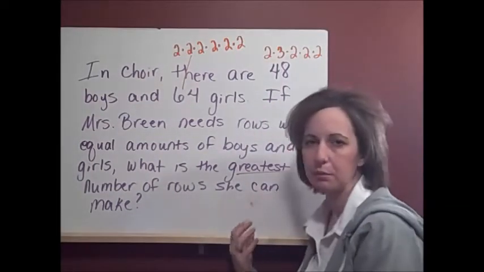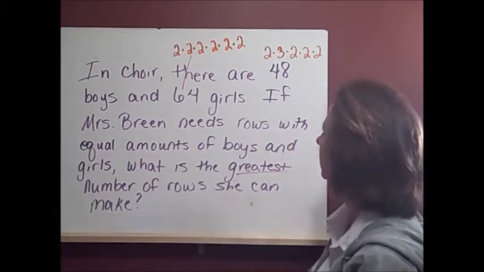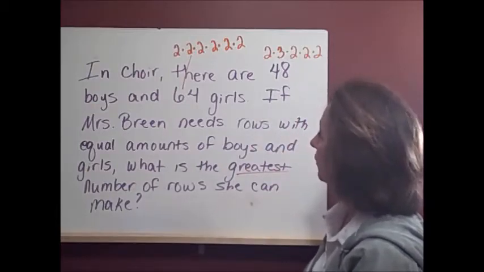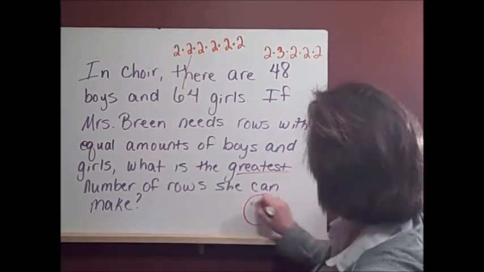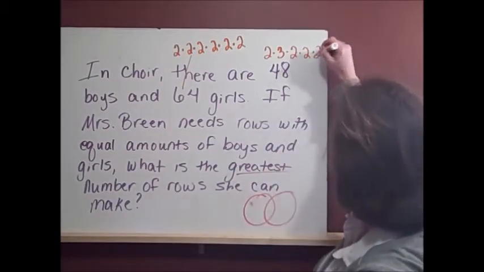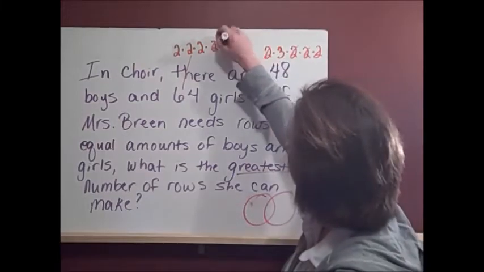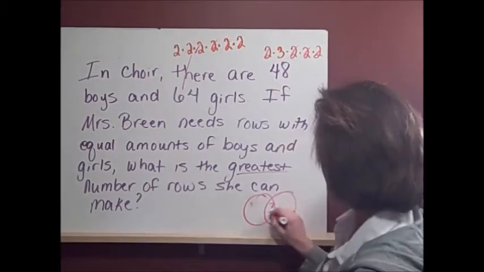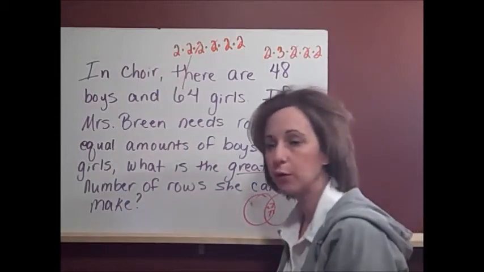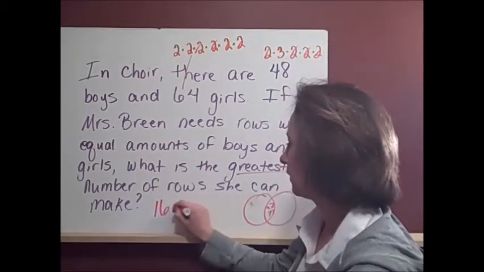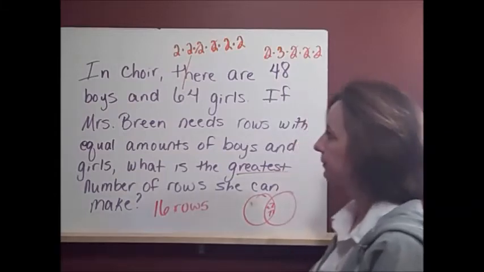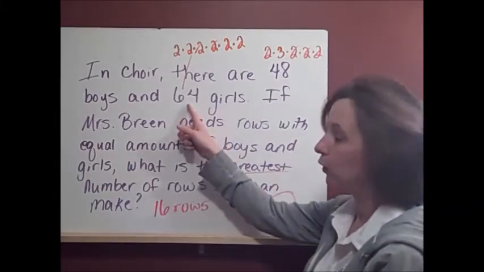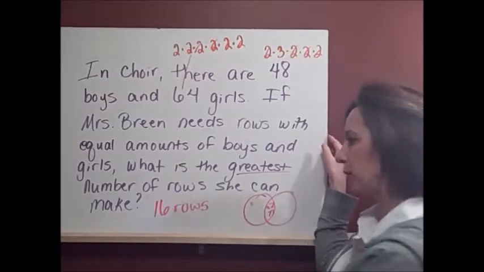You could have gone to a separate page and done that. I'm just doing this for the sake of time. So my greatest common factor would be what would go inside of my Venn diagram. 1, 2, 3, 4, 1, 2, 3, 4. 4 2's go in here, and 2 to the 4th power is 16. So Mrs. Breen could make 16 rows. Each row would have 4 girls and 3 boys.